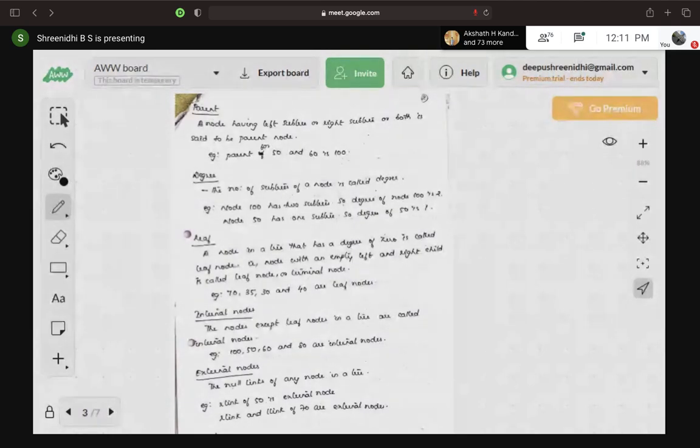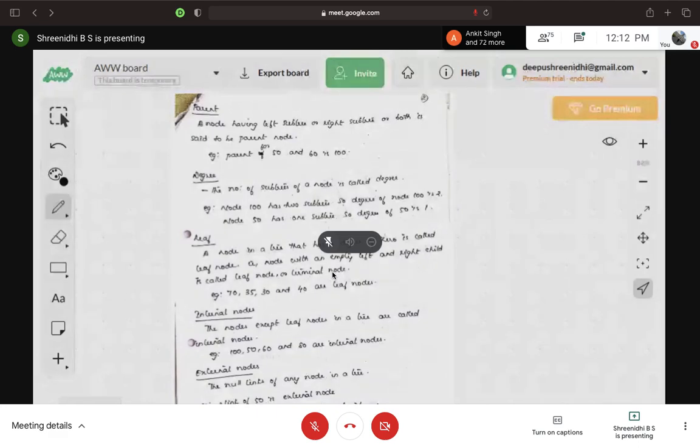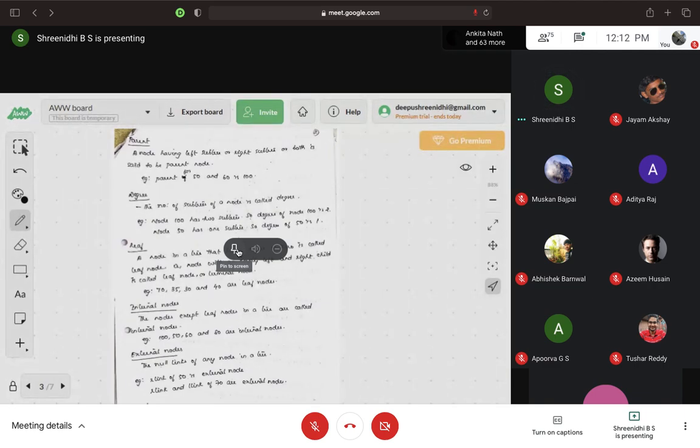So now one more concept here, for my section students. A node which contains a left subtree or a right subtree is said to be a parent node.